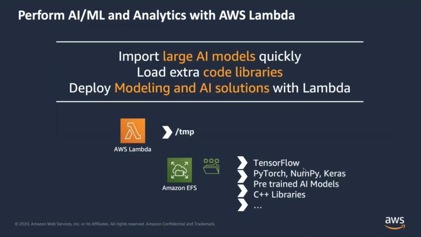On the Lambda side, where a lot of the applications are newly developed or custom grown, there are a few additional use cases as well. So one is other machine learning and data science type workloads.